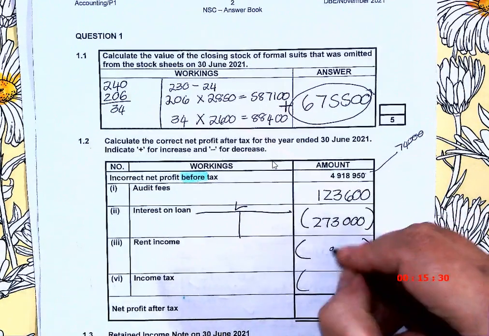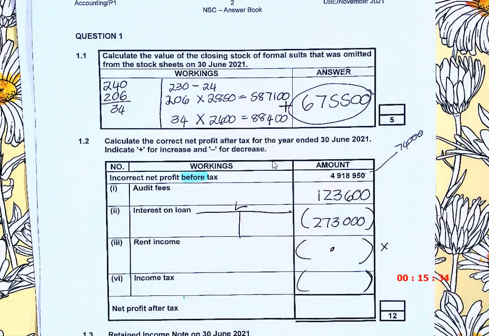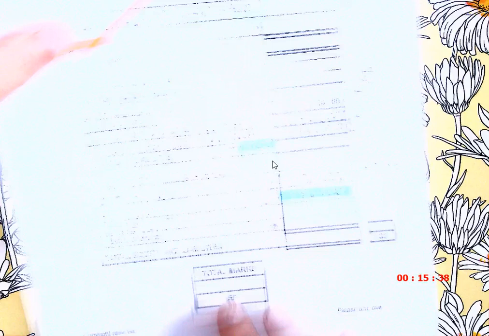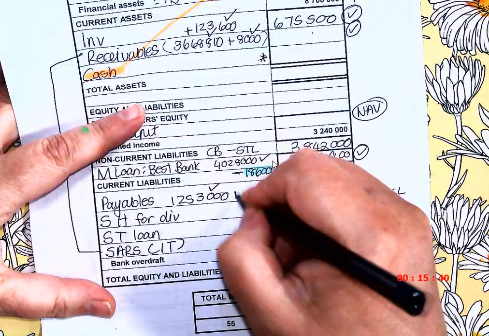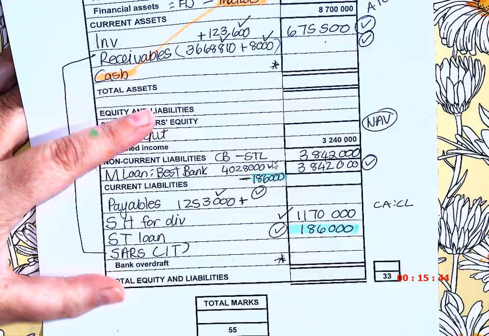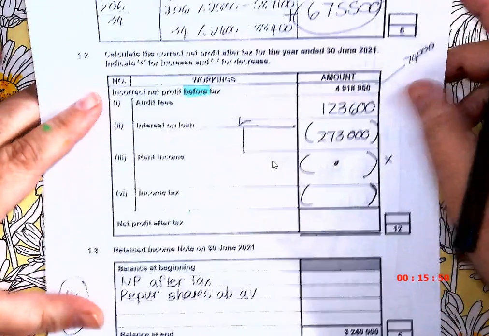But then that amount, what do you do with that amount? You take it to the income received in advance, which goes to the payables. Then you go and you put it in here and you're going to get a tick for it. And you move on with your life. Do you hear what I'm saying?